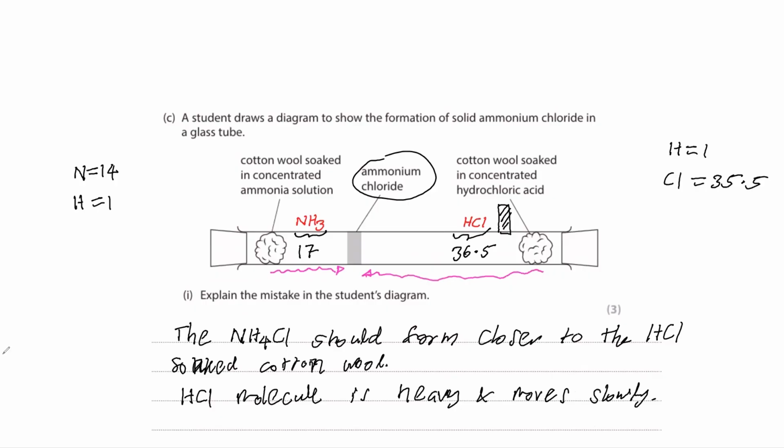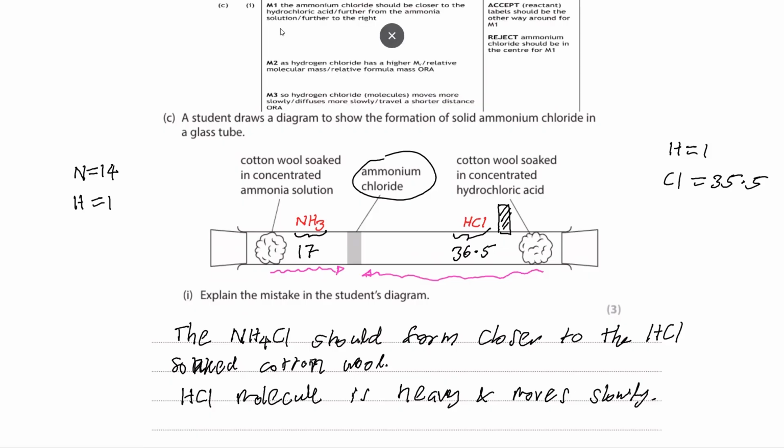Okay, let's see the marking scheme point. The marking scheme says that ammonium chloride should be closer to the hydrochloric acid, close to the HCl cotton wool. Why? As hydrogen chloride has a higher relative molecular mass, therefore it moves slowly. So we say that the HCl molecule is heavy, so it moves slowly.